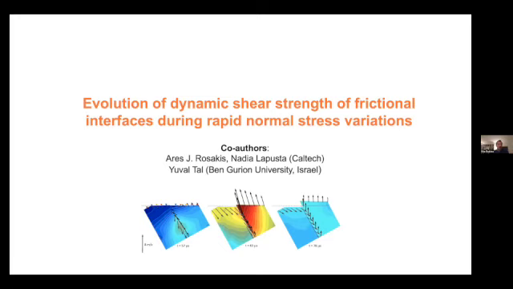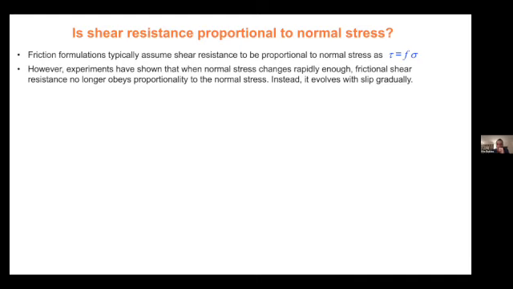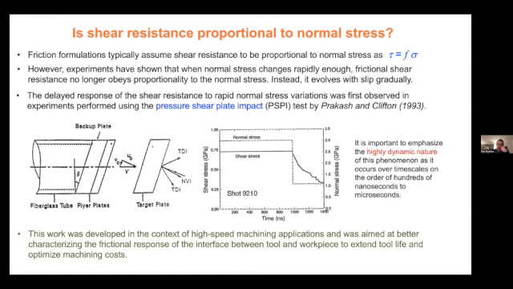Now, all of this has been done with the assumption of constant normal stress. I would like to briefly mention what happens when normal stress changes very rapidly. So experiments have shown that if normal stress changes rapidly enough, it's a different set of experiments, the so-called pressure shear plate impact test, a traditional setup by Prakash and Clifton, who used it in the 90s.